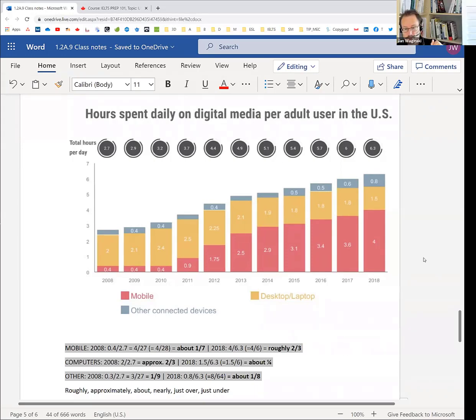Where was the first big jump? Not 2018. Much earlier. See, 2008, 9, 10, it's at 0.4, 0.4, 0.4. What happens in 2011? 0.9?